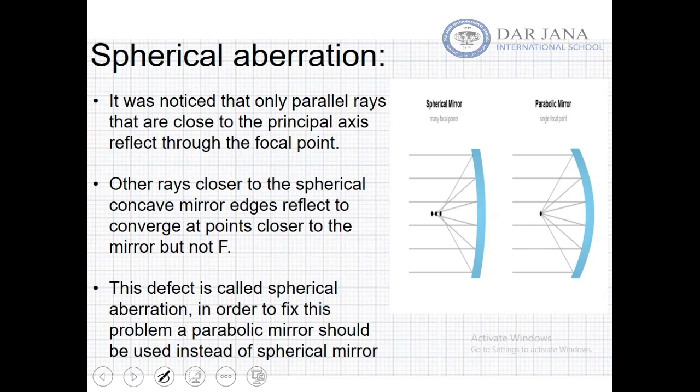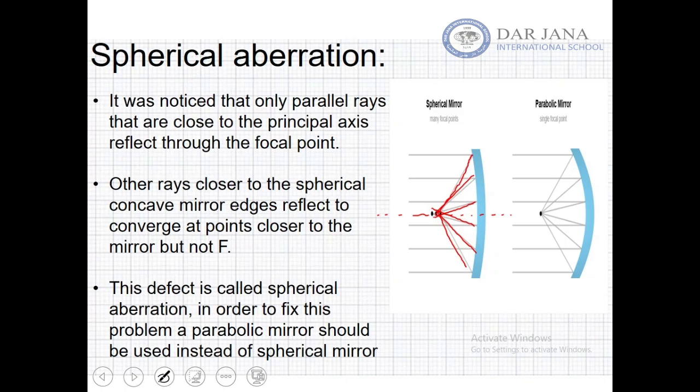This problem is because the reflected rays that are close to the principal axis pass through F. But the reflected rays that are close to the edges are not converging at point F. They are reflecting at other different points.